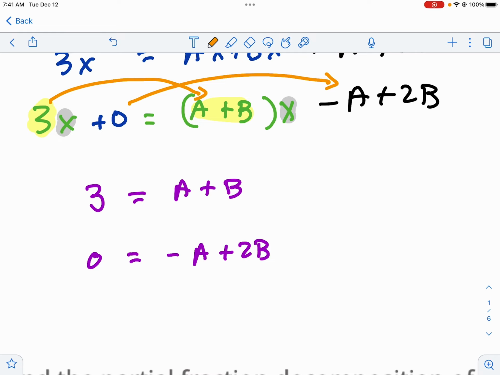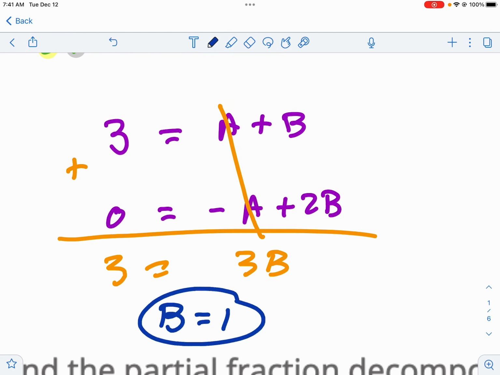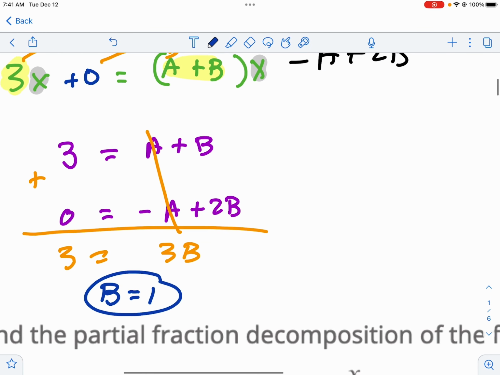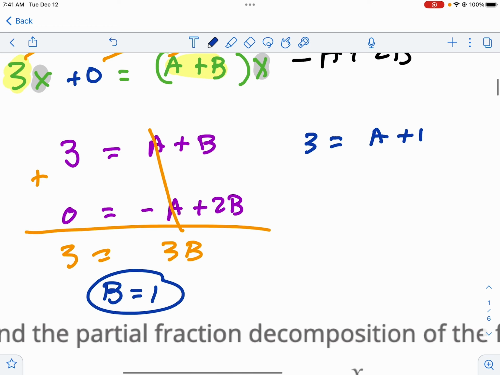So now you have a system of equations. If I add these, 3 plus 0 is 3. That goes away. And then I got 3b. Divide by 3 on both sides, and I have that b is equal to 1. Once I know that b is equal to 1, I can plug it in here. And then a is equal to 2.